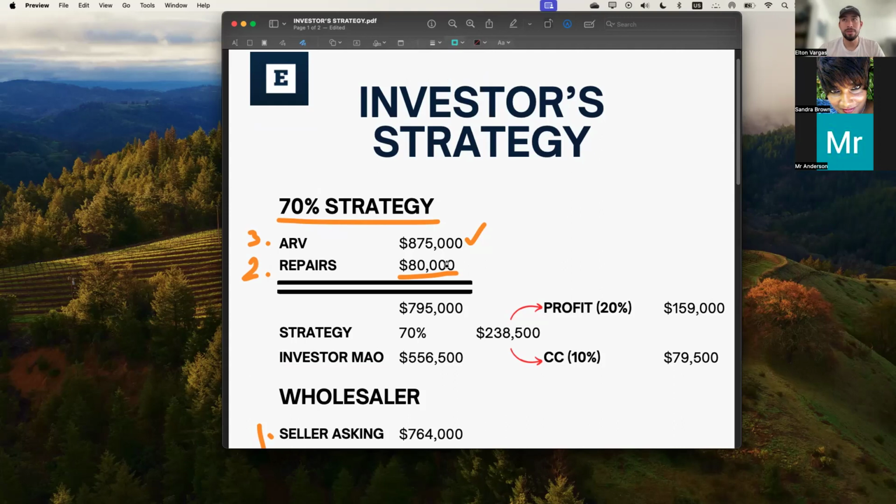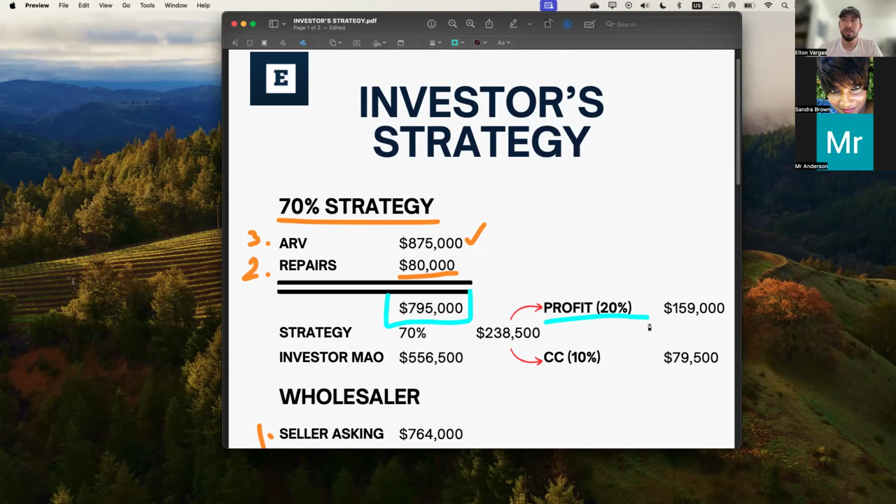First, we get the ARV, we subtract the repairs from the ARV, which is going to give us this $795,000. From that new $795,000, basically I'll call it the new ARV, we're going to multiply by that 70% strategy. That 70% strategy consists of two things.